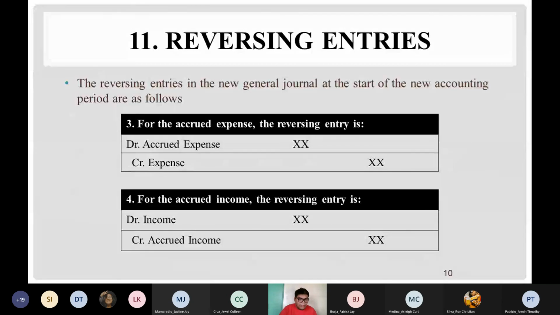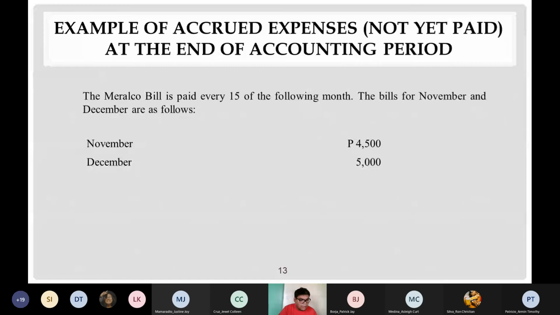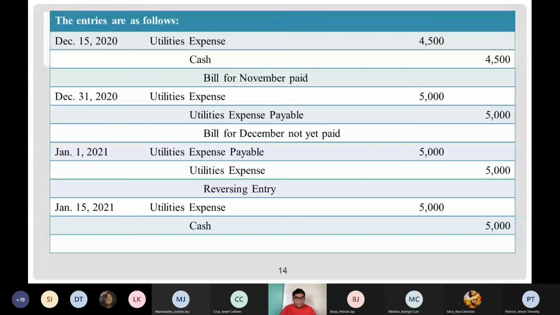So, dito naman, sa accrued expense. Let's say yung mga liability, because the liability is closed by the reversing entry on the date of the payment. Katulad nung kanina yung Meralco. Accrued expenses. Yan. Katulad ito si Meralco. The debit will be consistently charged to an expense account. Expense.